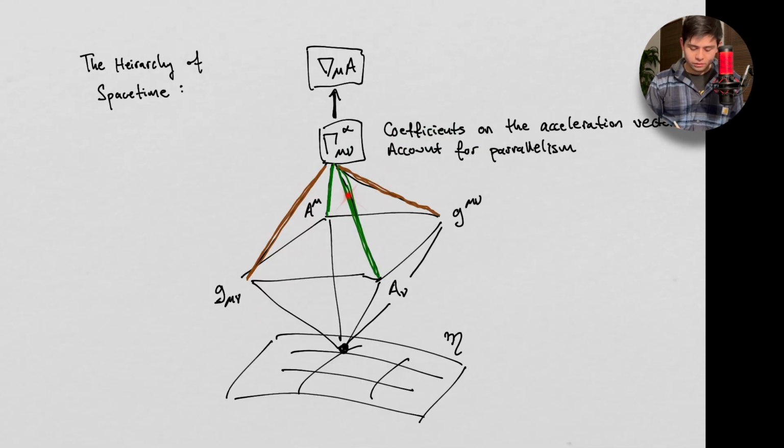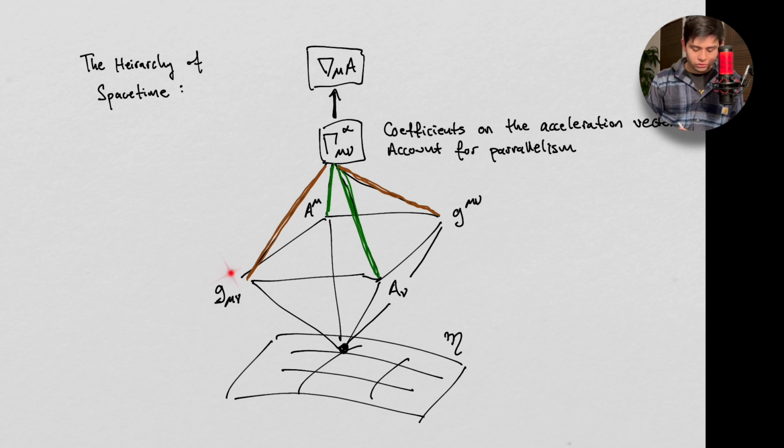Brown path, green path, okay? At every point in space, we can erect a vector. That vector can describe the velocity of an object, it can describe the four-momentum of an object, it can describe anything you want it to describe, as long as it's a 4-vector, it obeys Lorentzian transformation properties and all that sort of stuff. We can erect a vector at every point in spacetime.